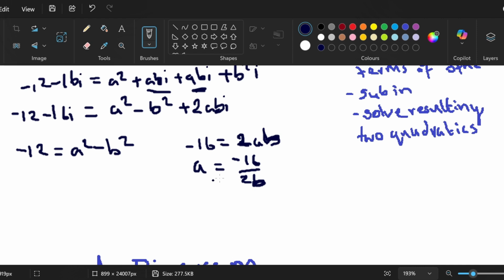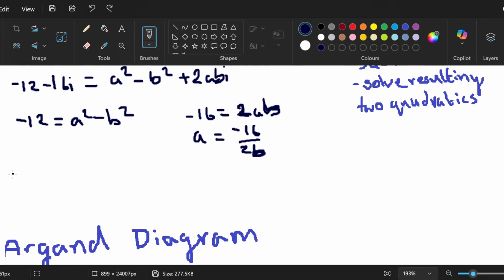And I'm going to take this a is equal to minus 16 over 2b, and I'm going to sub this in to the a term I have over here, and I'm going to solve this equation for b using that. So now that I know what a is, I'm going to get minus 12 is equal to minus 16 over 2b squared minus b squared.